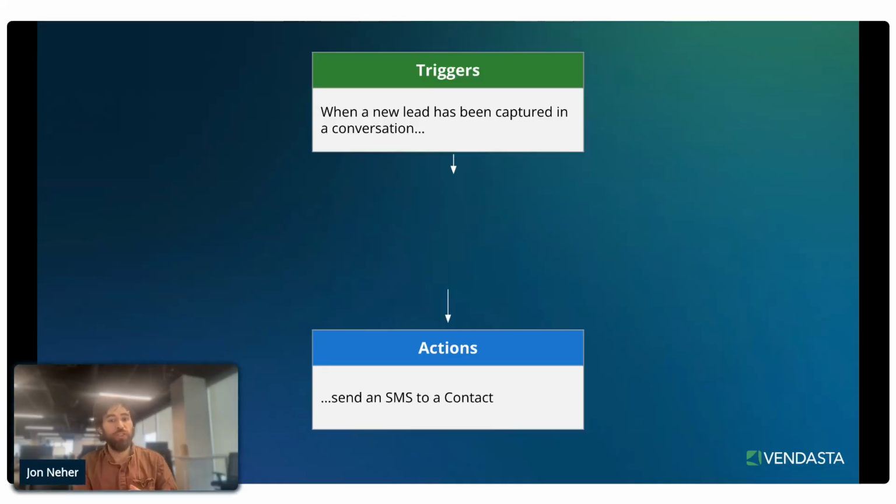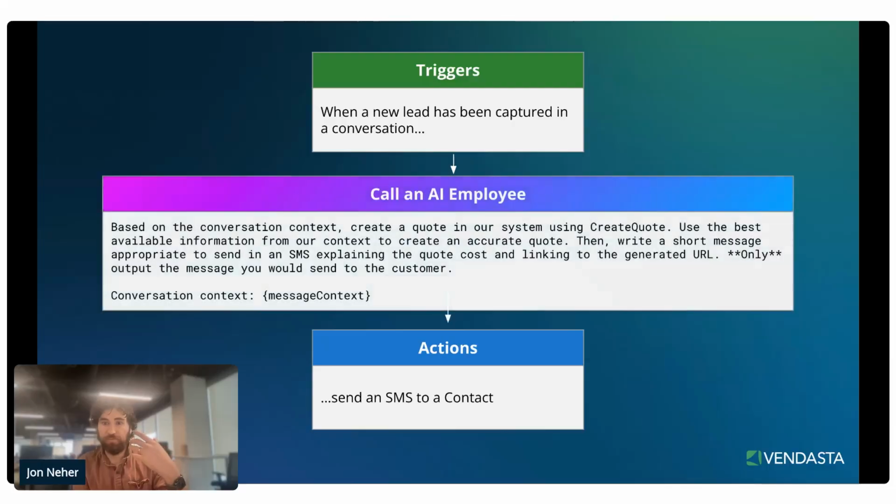You can not only use the conversation context, but the AI employees also still have access to their capabilities and tools. So let's say that our AI receptionist is able to create quotes by using APIs from outside systems. You've given it its capability and tool.